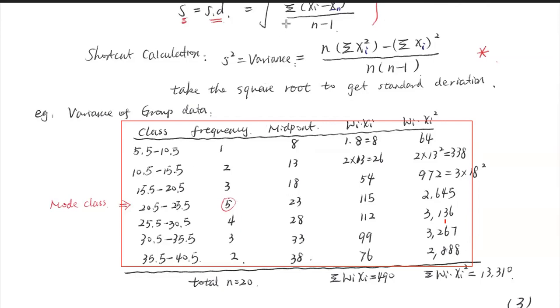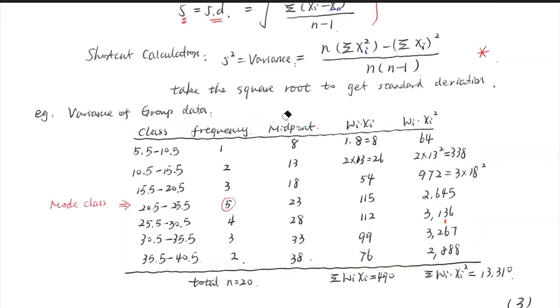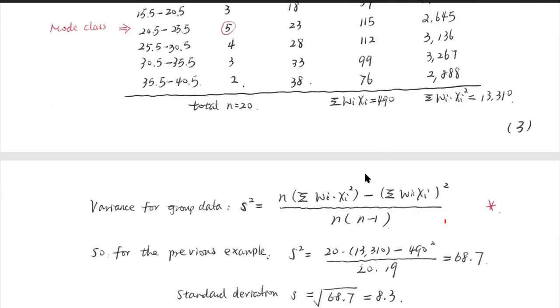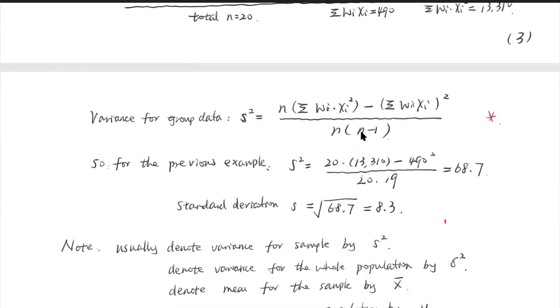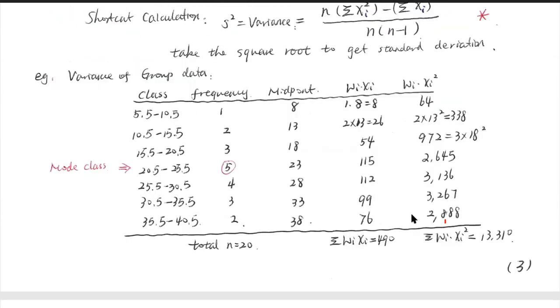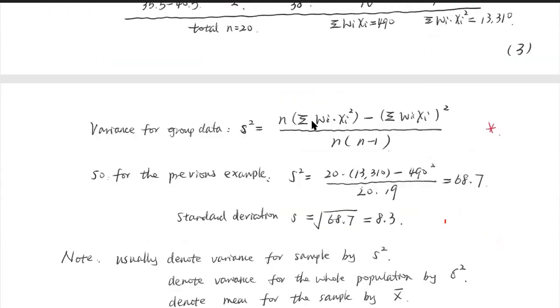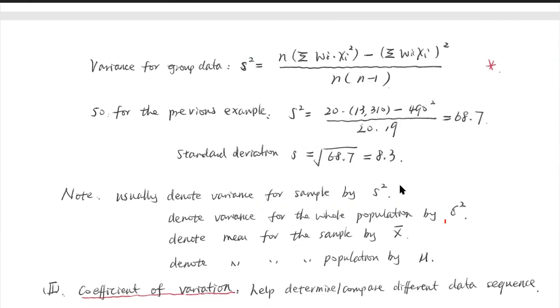But you will see the calculation is way more complex. We don't require this example. So you will not see any homework question asking you to calculate the standard deviation or the variance for this group data. All right, so that's for this case.